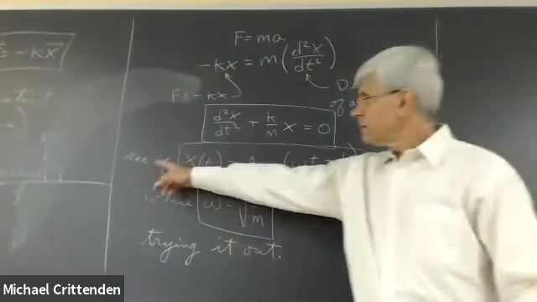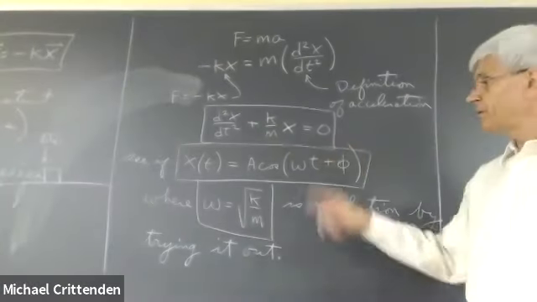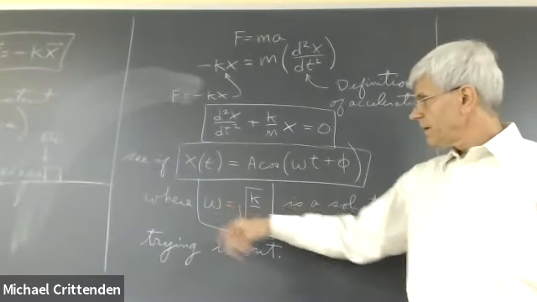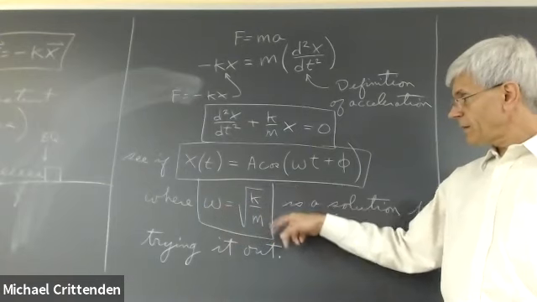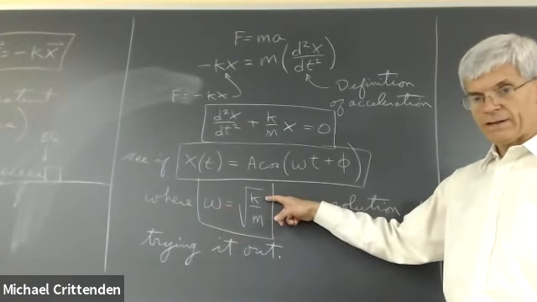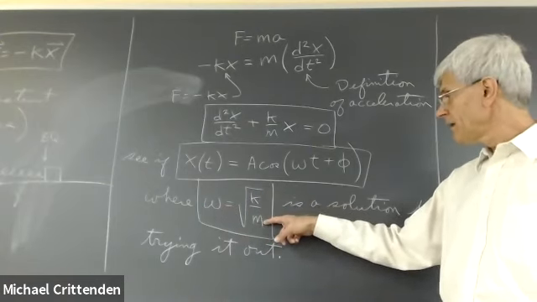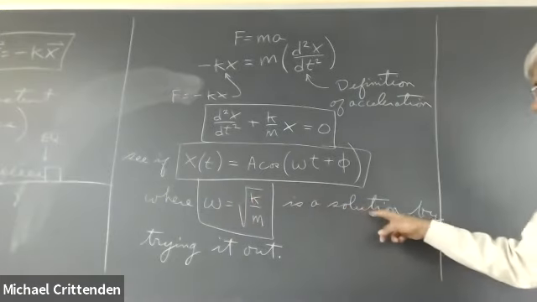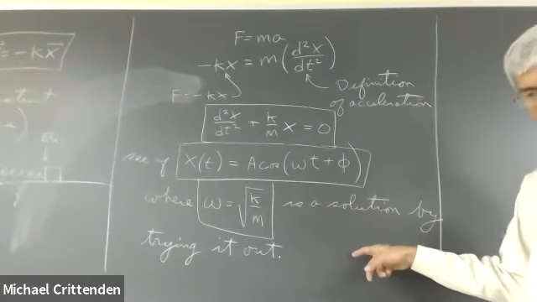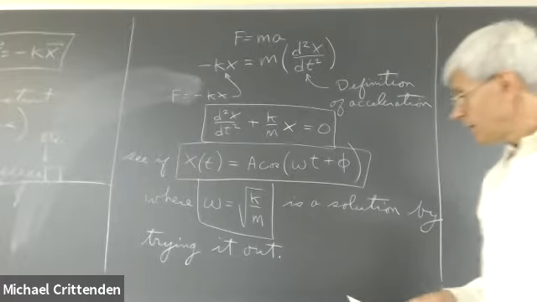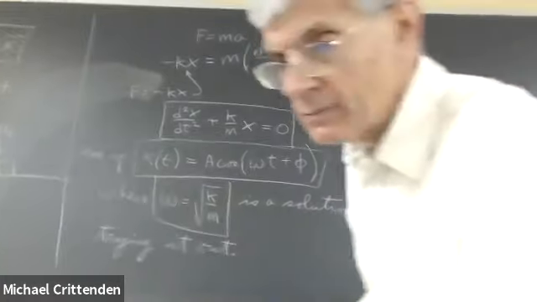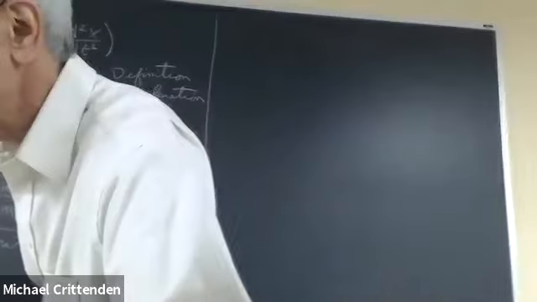So we're going to see if this function, where omega equals the square root of k over m, k is the spring constant, m is the mass, we're going to see if that is a solution by trying it out.